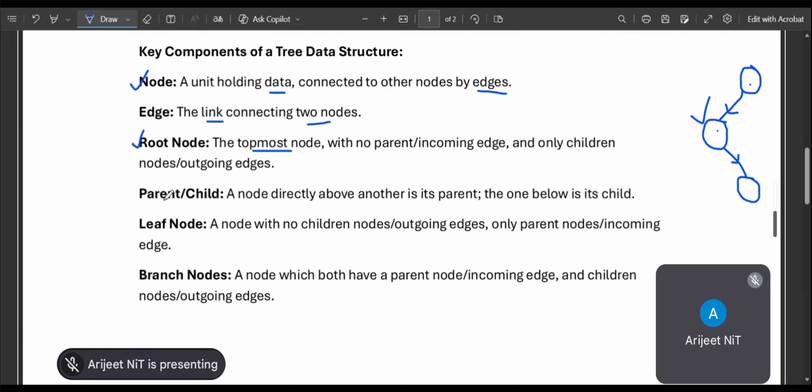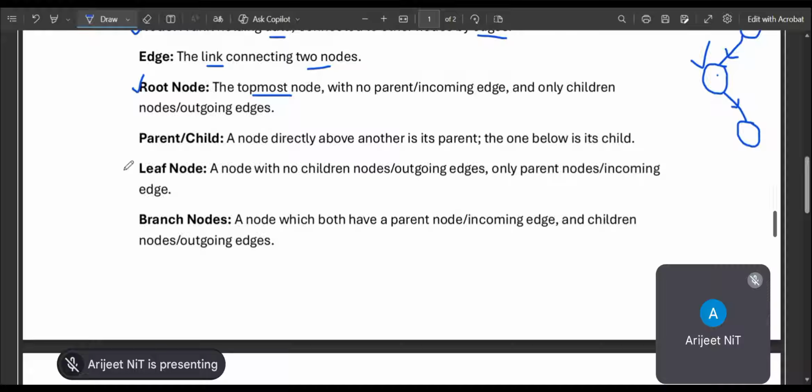Now, from the beginning I'm saying parent and child, and I have already explained it once. Let's do the official definition. What is this parent child relationship within a tree data structure? Basically, the node directly above another is its parent and the one below is the child. Basically, a relationship between two levels, with the upper level being the parent and the lower level being the child, as I said.